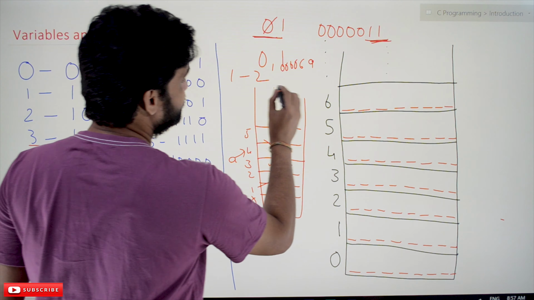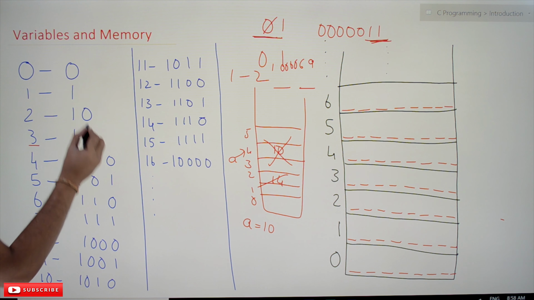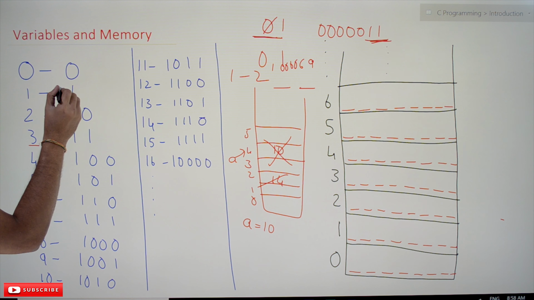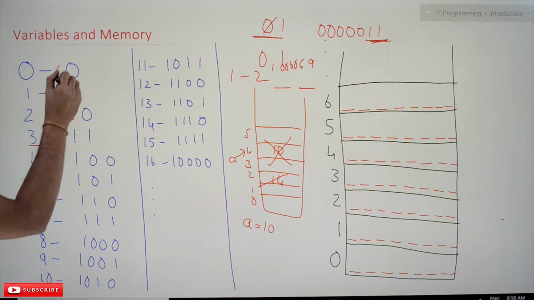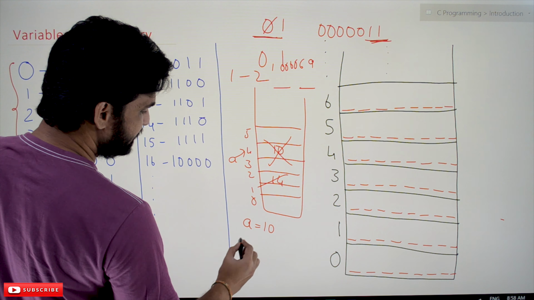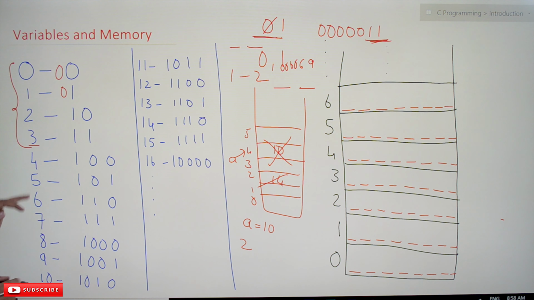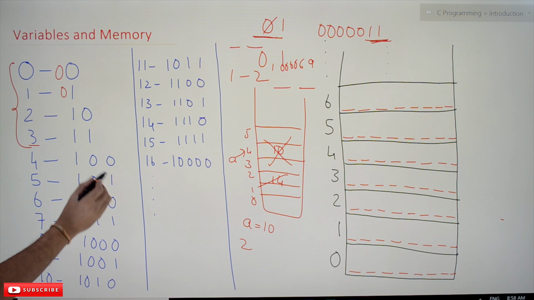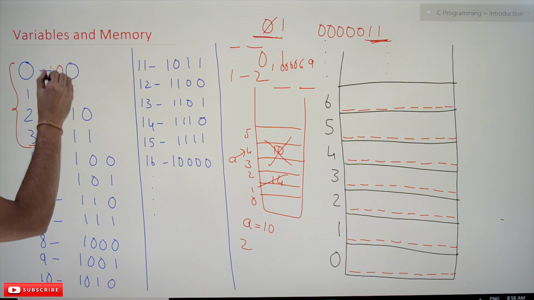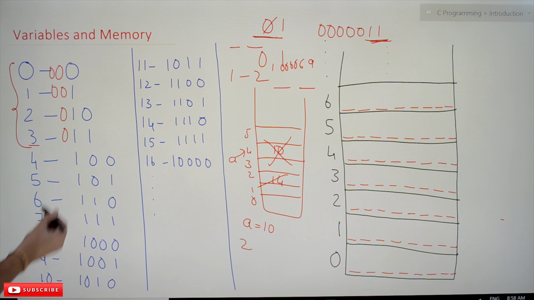If we have two bits, how many numbers can be represented? See here, this 1 can also be represented as 0 1, and this 0 can also be represented as 0 0. With 2 bits, 4 decimal numbers can be represented. With 3 bits, we can add an extra 0 and the value does not change.